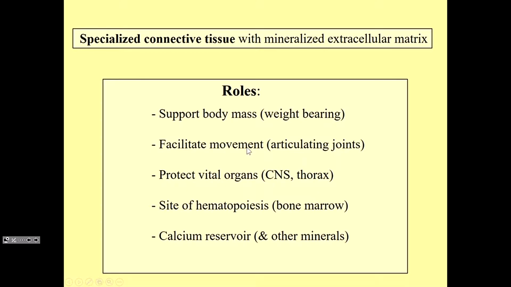It protects the vital organs, such as the skull and thorax protecting the organs inside. It is the site of hematopoiesis, where the components of the blood are mostly formed. And because bone is calcified, it can act as a reservoir of calcium. If the body needs calcium, it can mobilize calcium by degrading small amounts of bone.